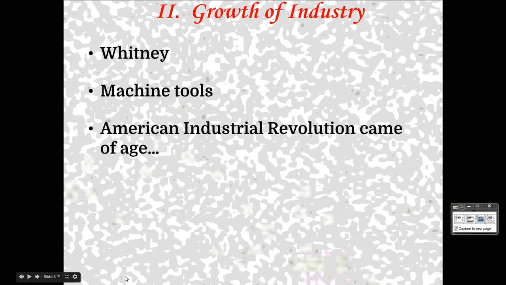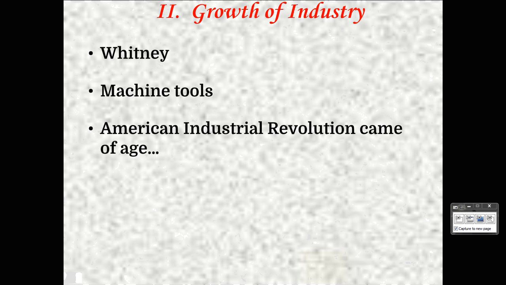Most famous name obviously associated with the American Industrial Revolution is Eli Whitney, famous of course for inventing the cotton gin, a piece of technology that's going to revolutionize both the South and the North. By about the mid-1800s, 1840s, 1850s, what we're seeing in the United States is the development of so-called machine tools.